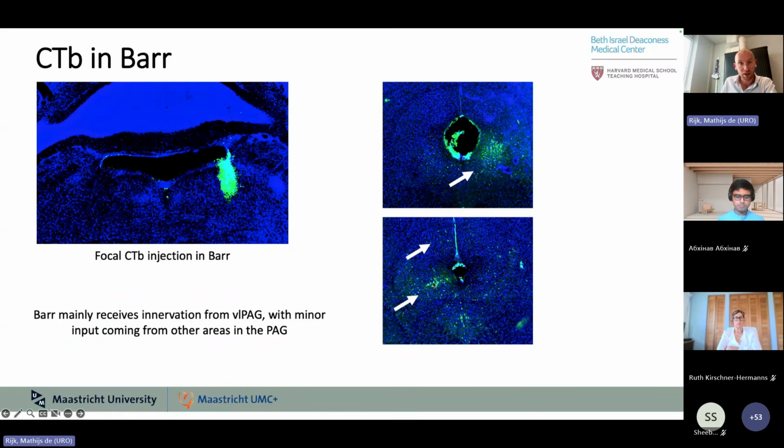We can see that there are some in lateral PAG, but also a little bit in dorsolateral PAG, some neurons that project to Barrington's nucleus. But these areas, especially in mice, are very, very small, and trying to find large groups of neurons that project to Barrington's nucleus, and also to differentiate the rostral aspect from the caudal aspect, that is actually quite challenging.